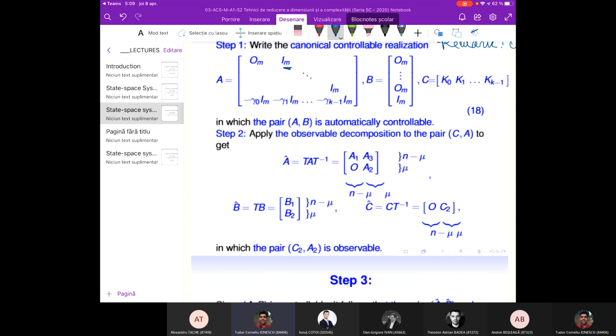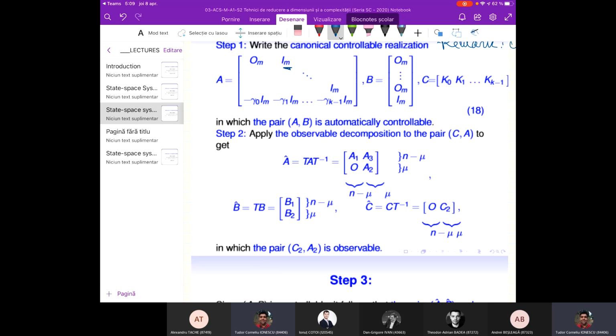However, if the controller canonical form ABC is not observable, of course, the only thing we can do is apply an observable decomposition. So at step 2, apply the observable decomposition to the pair CA. We know how to do that.